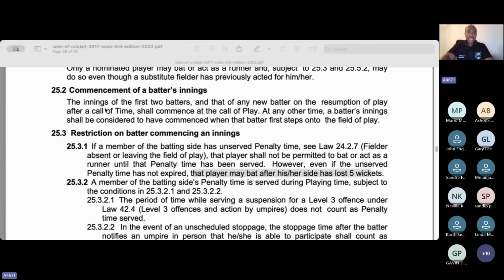A new batter has a certain amount of time after the fall of a wicket to be ready to receive the next delivery, or their partner, if their partner is on strike, ready to receive the next delivery. According to law, it's 3 minutes. According to Test match and one-day international playing conditions, it's 2 minutes. T20 internationals, 90 seconds.